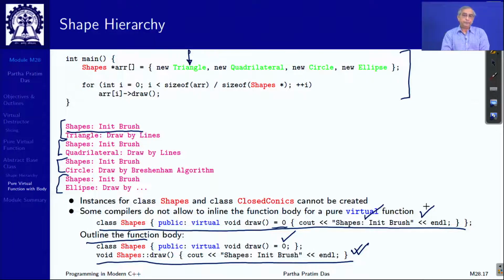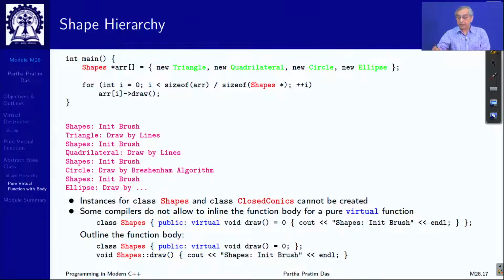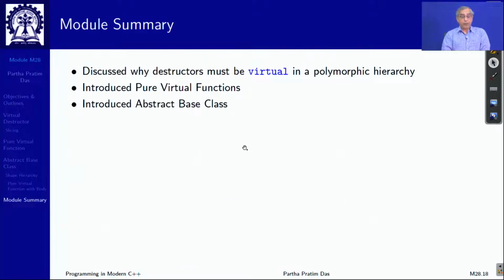I tested with GCC. The first version does not work for GCC, but the second one does. Whereas in Visual C++, in Microsoft Visual Studio, both these versions work. So, this is for your information, and you can check out in the compiler you are using. Just try this out, it is good fun, and this is a good compact way to design.